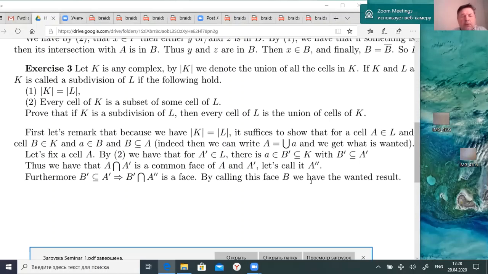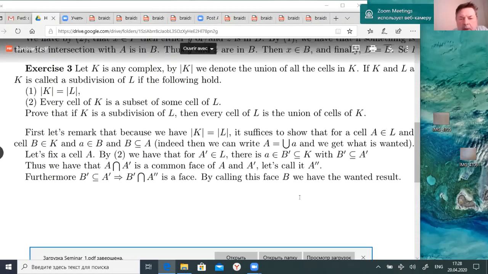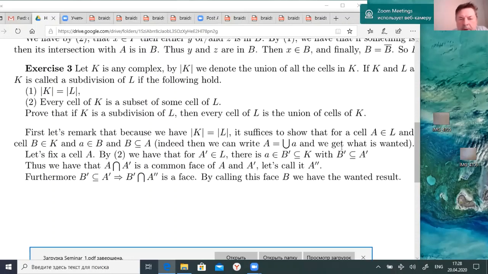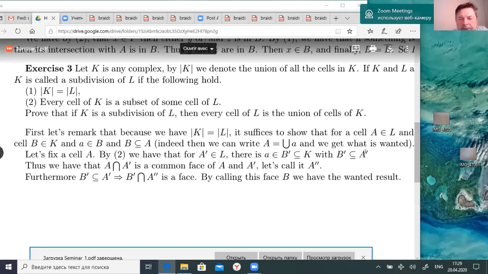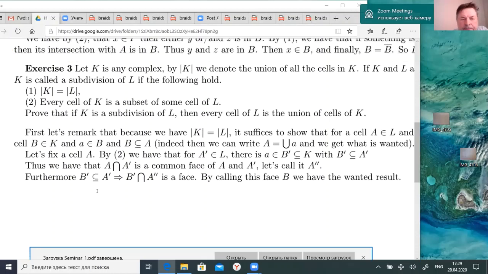But look, as for me, you see, B prime is in A prime, right? Yes. And it is also okay with A, right? Yes. And so what is the problem?